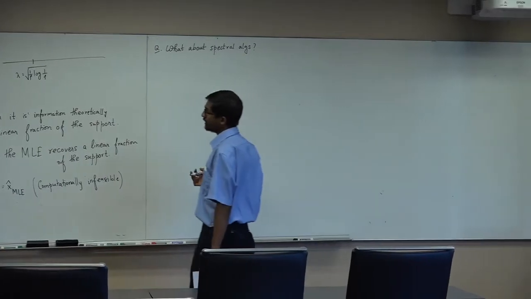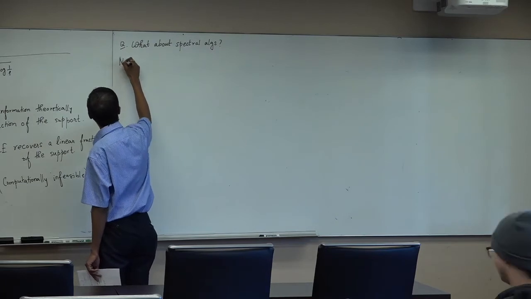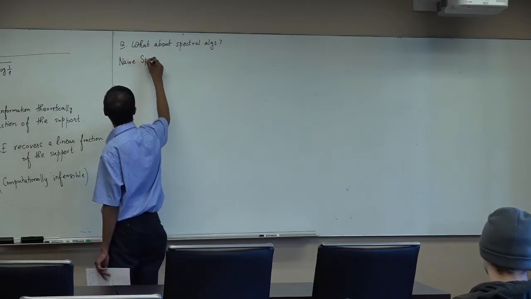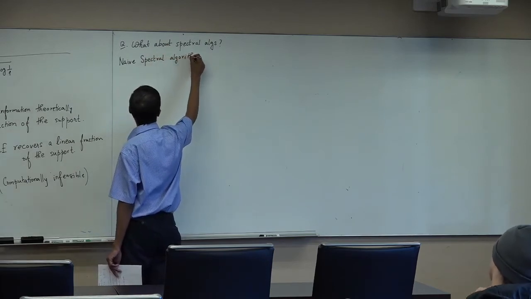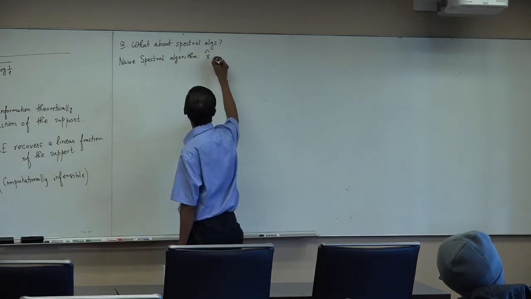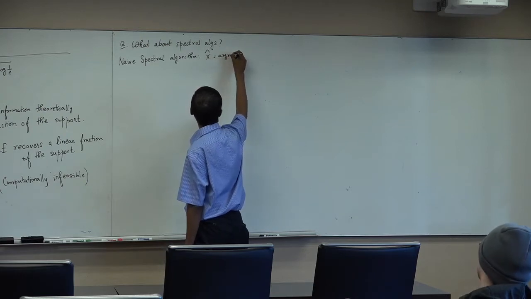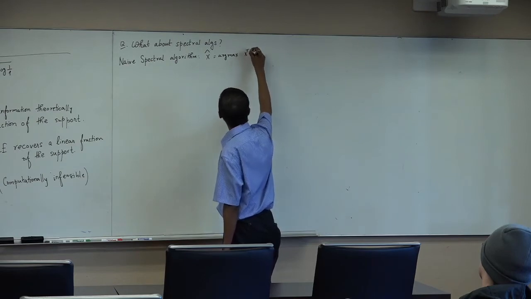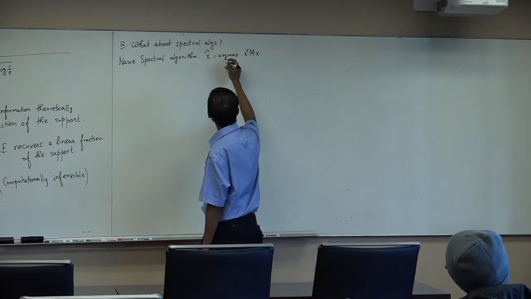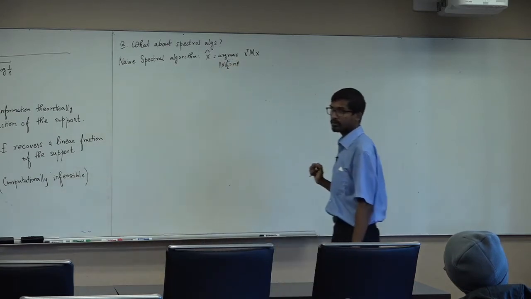The naive spectral algorithm is basically: set x hat to be the argmax of x transpose M x subject to the L2 norm of x being equal to square root of n times rho, something like this.